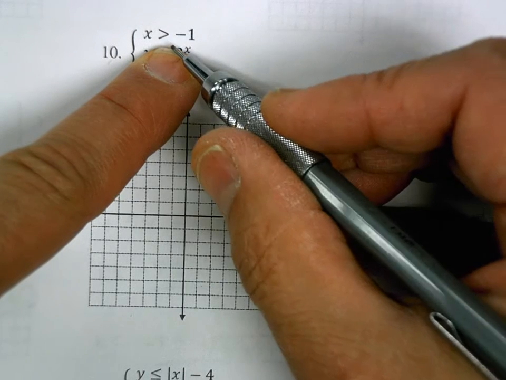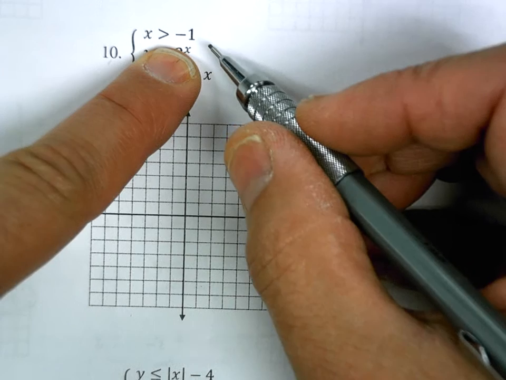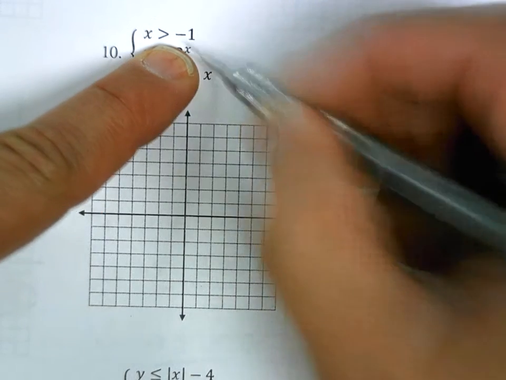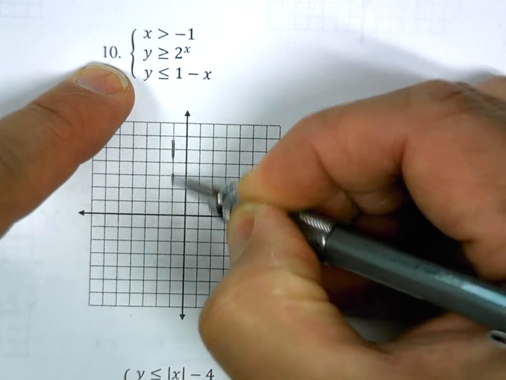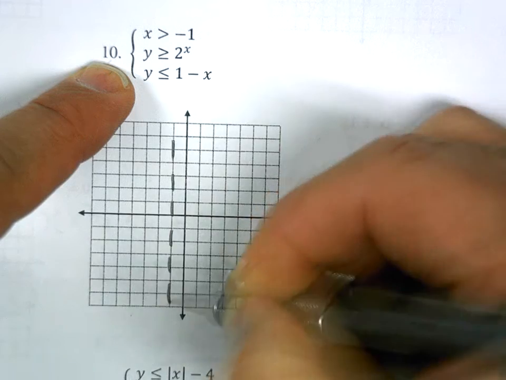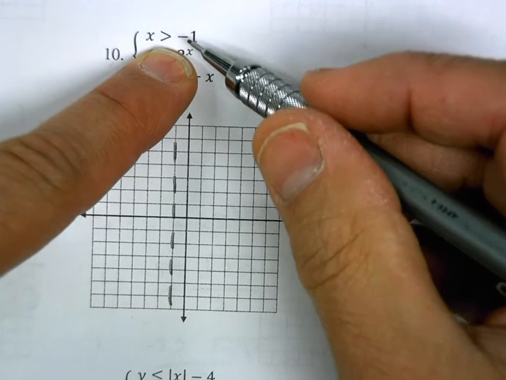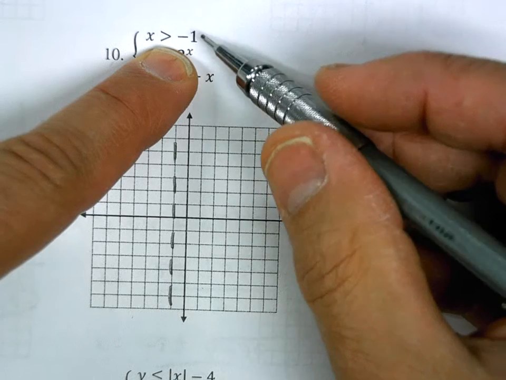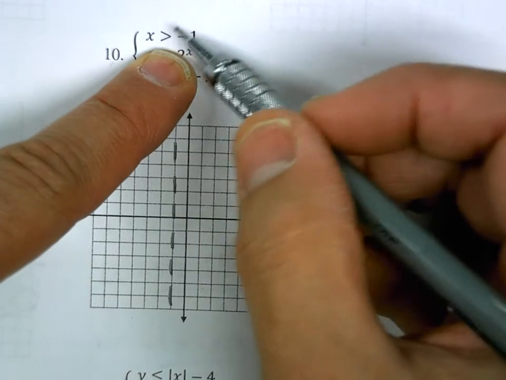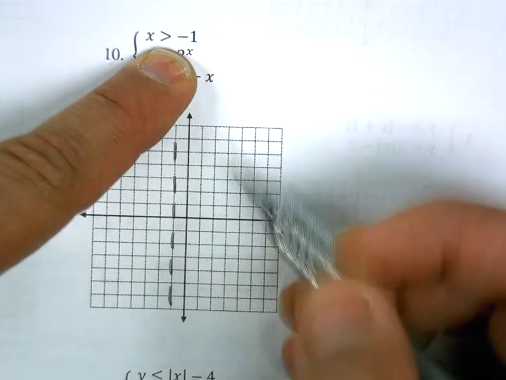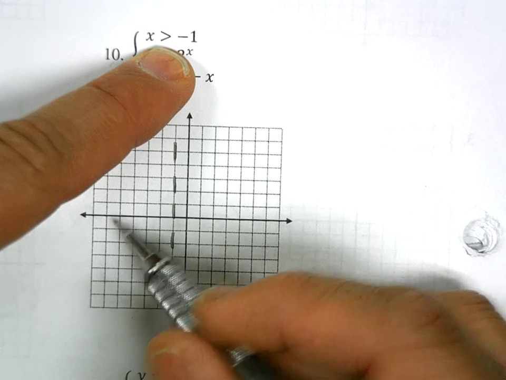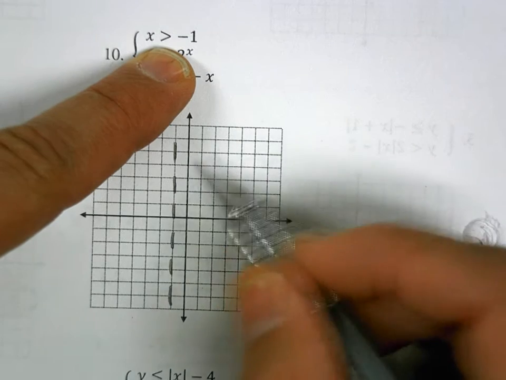X equals a number. It is vertical, there you go. -1, so dotted looks like this. There you go. I know we're not going to shade it all right now, just because I don't want to put shades everywhere, but it says x is greater than -1. Do I shade to the right or the left? To the right, bigger than -1, right? So to the right of that.